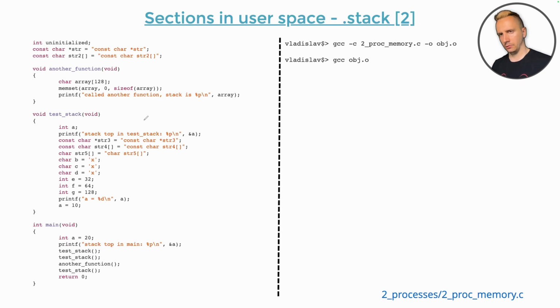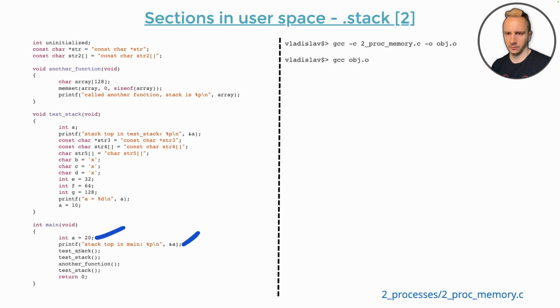And the program was not only for testing where the global variables and local ones end up, it also is doing something. What it's doing is that I declare a variable a in the main function in the beginning of it. And I print the address of this variable to see where it is located on the stack.